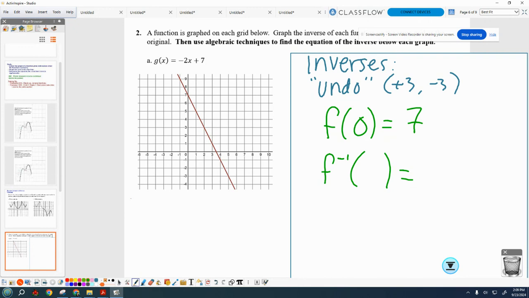If the function has the coordinate 0, 7, what goes into the inverse and what comes out of the inverse? 7. So if 0 goes in and 7 comes out, the inverse operation has to take 7 in and spit out 0, right? So if I want you to graph this, the inverse of this function is going to have 7, 0.